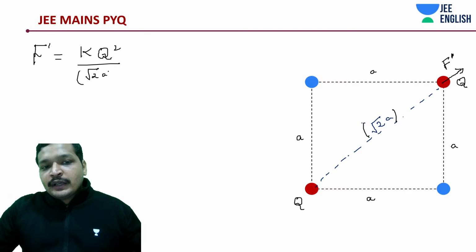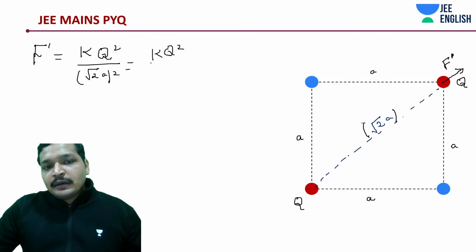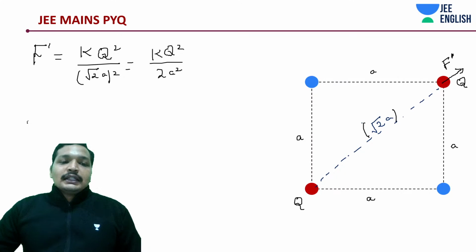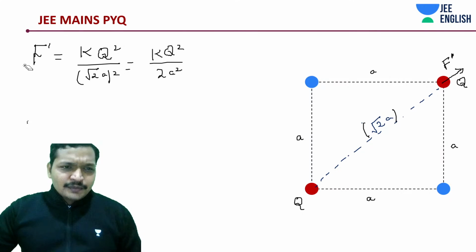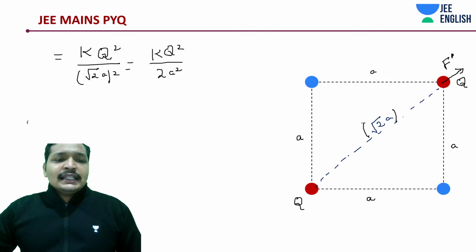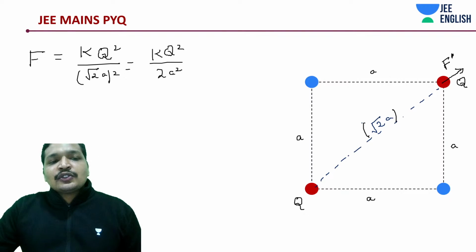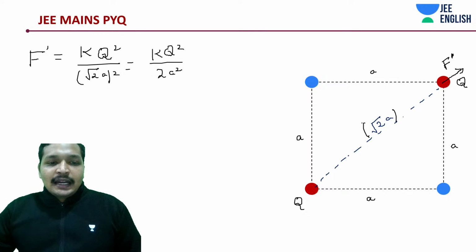Root 2a whole square is nothing but 2a square, so kq square by 2a square. This is what f dash is. Isn't it easy, guys? It's super simple. It's literally super simple. Next.